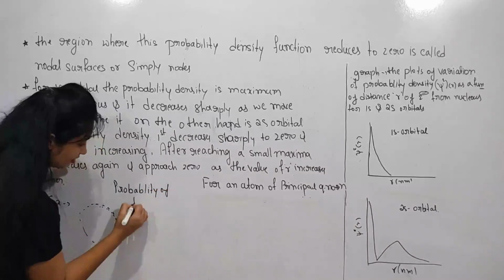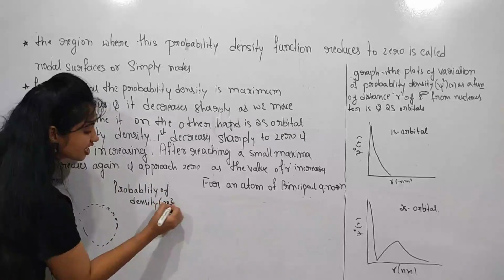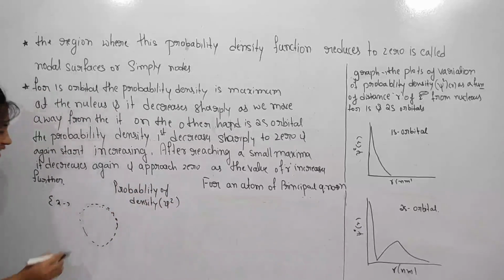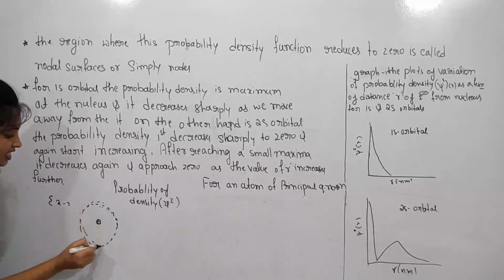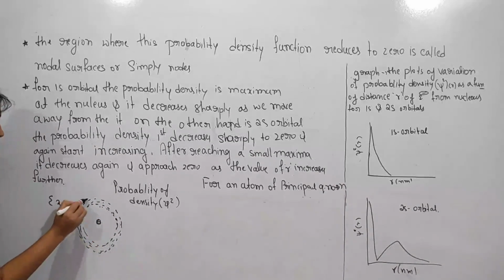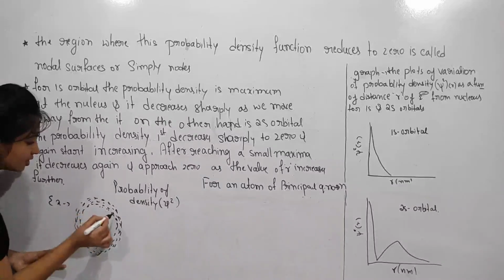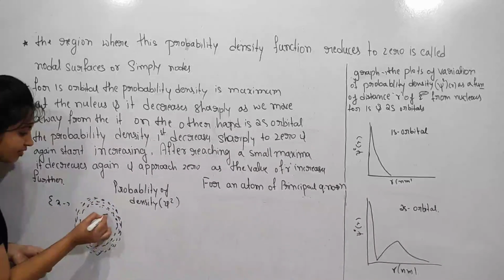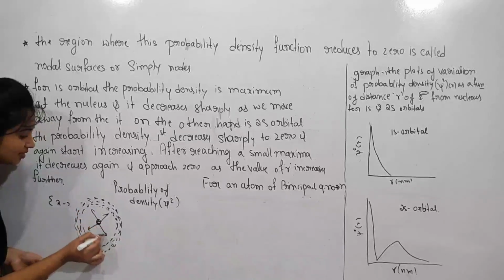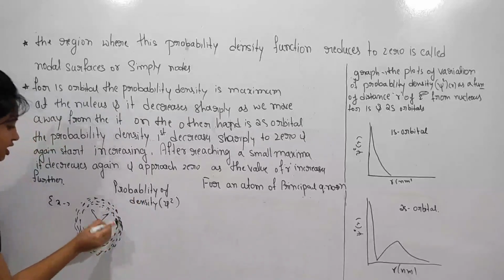This probability density gives us the shape of an orbital. See here, in an s orbital, this is our nucleus. We have the probability density in this region. In a certain space we get the probability density of an electron, meaning the density of the wave function. This probability density is equal in all directions in an s orbital. Then we know the shape of an s orbital is spherical.